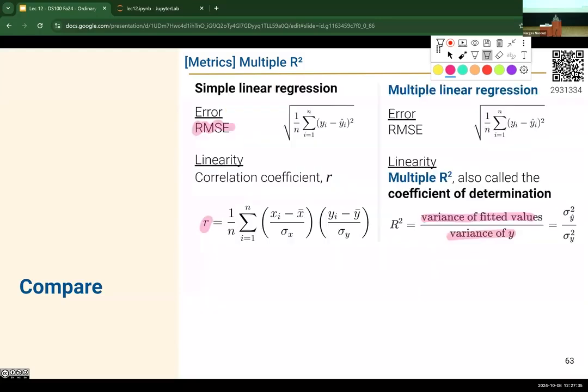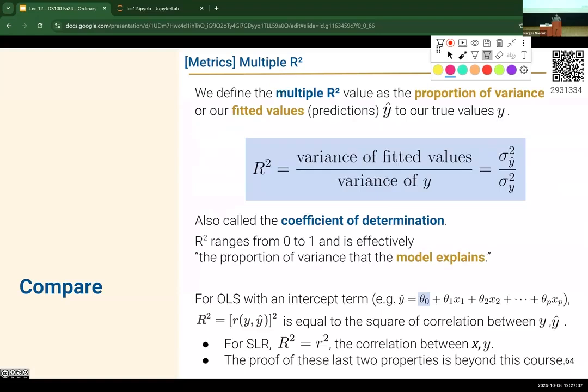In essence, it tells you what proportion of the variance in the underlying data you are capturing. So we want to capture as much as possible of the underlying variance in the data, so that we modeled all the patterns that happened in the data.